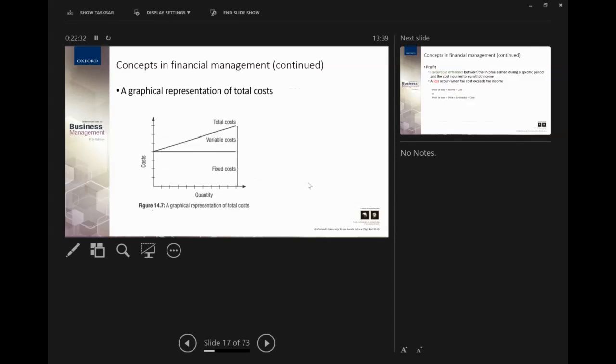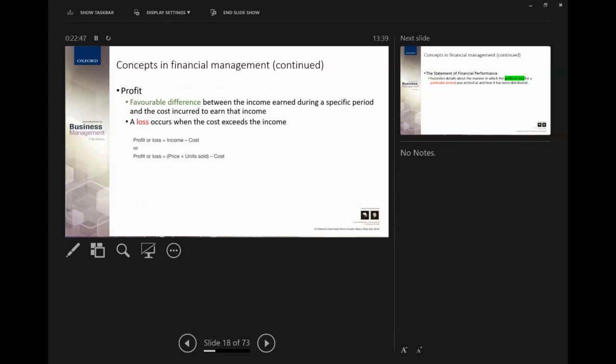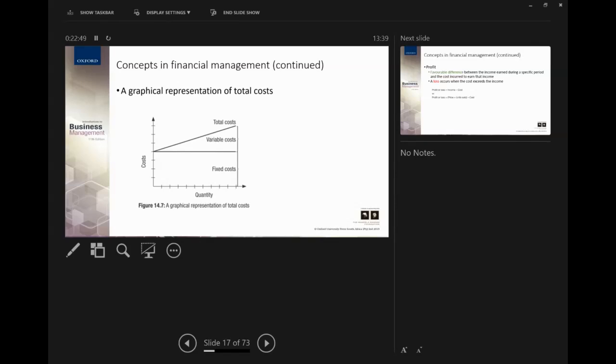Okay. Now total cost. It's now this line that we have. Let's see, will it allow me to write? Okay, no, it won't. Okay. So total cost is now that horizontal line.